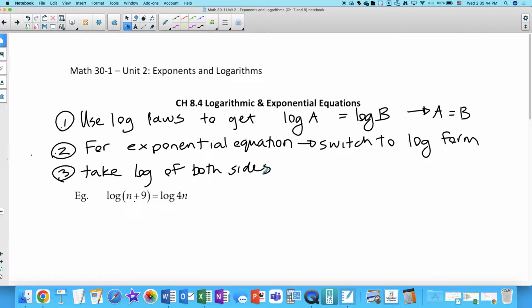Okay? Now, just one thing that we're going to need to think about when we solve logarithmic equations, particularly when you're doing the first one, is that in the process of dropping the logarithms, you change the nature of the equation. It is no longer logarithmic. What we will see is it will most likely be either linear or quadratic.